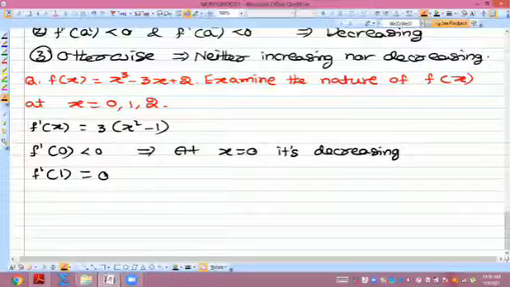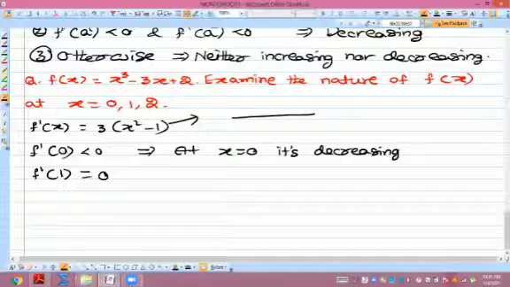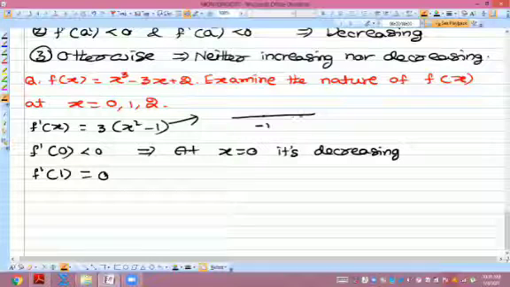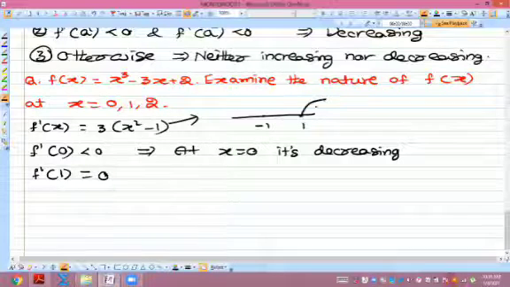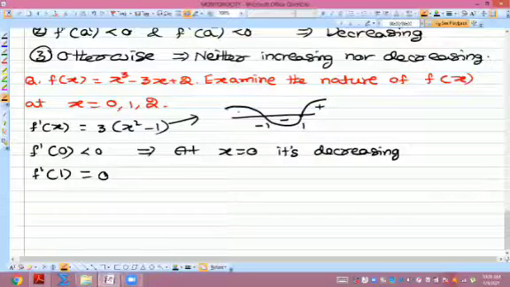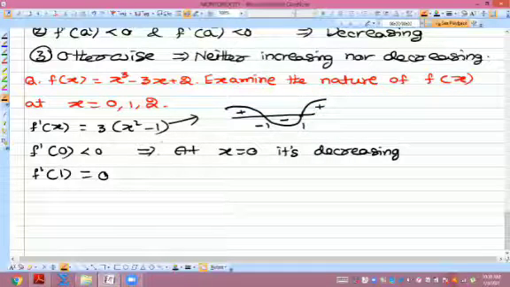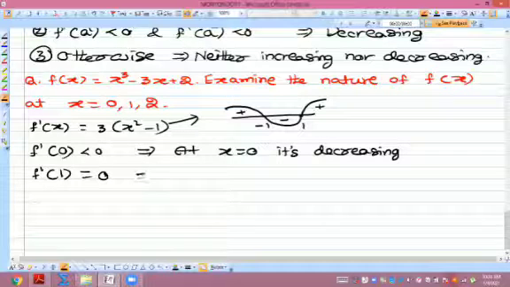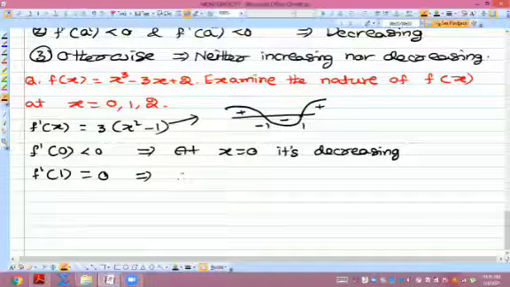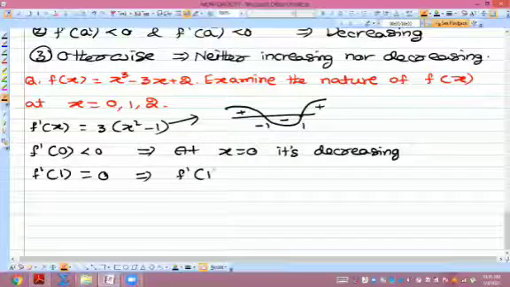And this is a quadratic equation, right? x square minus 1. If you use the wavy curve method, after 1 it is positive, between minus 1 to 1 it is negative, and before minus 1 positive. So f dash of 1 is 0. What is f dash of 1 plus?